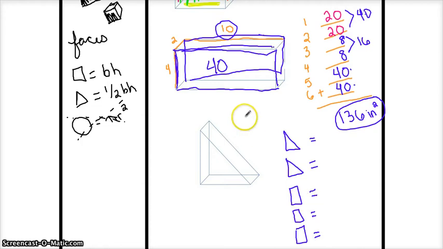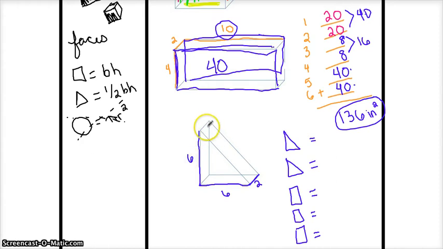So try this one on your own. I'm going to give you the measurements right now. This length right here, it's probably more properly referred to as the width, we're going to say is 2. And this measurement right here is going to be 6. This height of the triangle right here is also going to be 6.